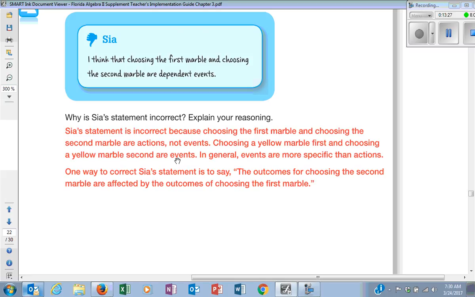So the outcome for choosing the second marble is affected by the outcome of choosing the first marble. Very subtle difference. I probably won't be too particular as long as I can understand what you're saying. But do you get what they're showing you here?